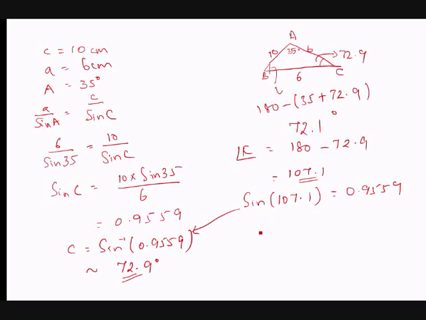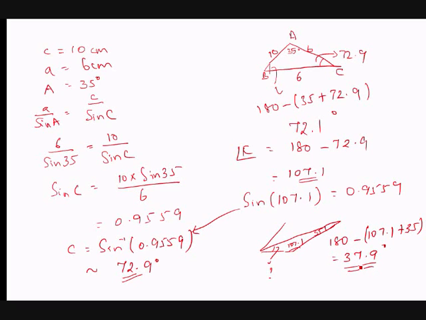So I can have the triangle like this. The C is an obtuse angle now. This is 107.1 and this is angle 35. And how much will this angle be? This will be 180 minus (107.1 plus 35), which comes to 37.9 degrees.